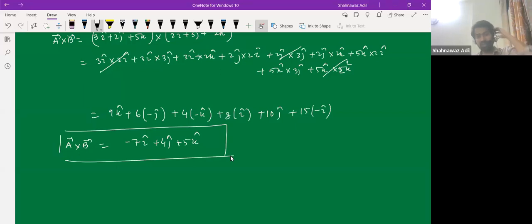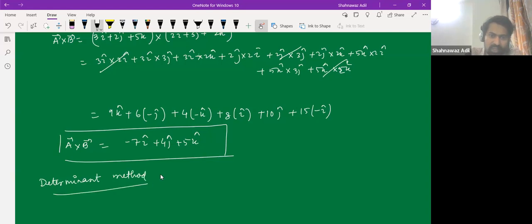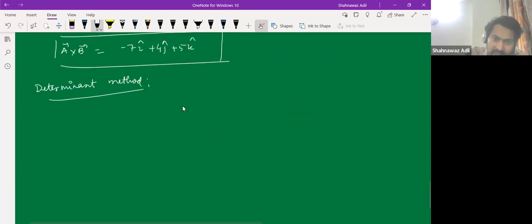But we have another, simpler method, which is the determinant method, in which we can do the calculation very easily. The idea is that A cross B is just the determinant of i, j, k hat, AX, AY, AZ, BX, BY, BZ.